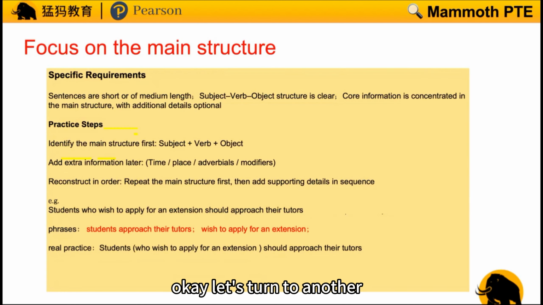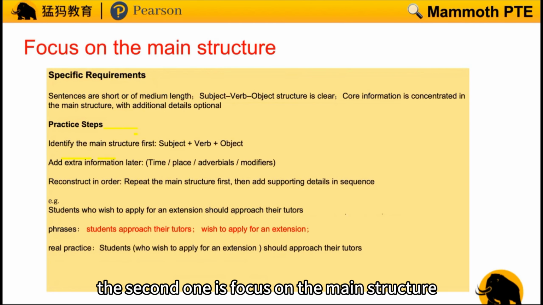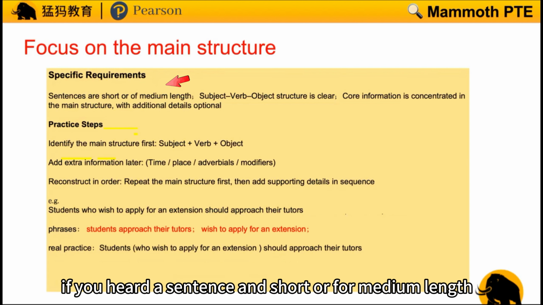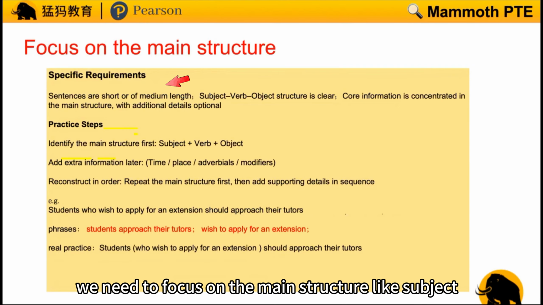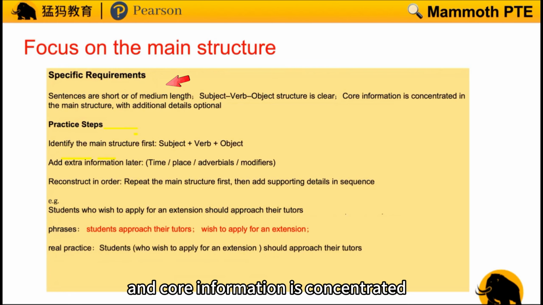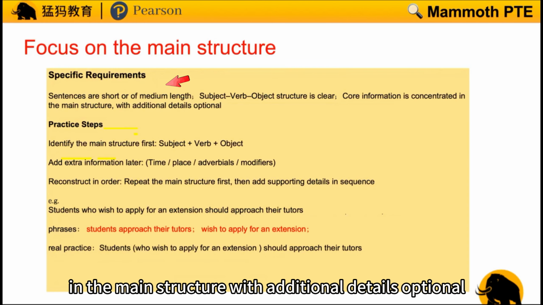Okay, let's turn to another strategy. The second one is focus on the main structure. Our specific requirement is, if you heard a sentence that is short or of medium length, we need to focus on the main structure like subject, verb, and object. It's very clear, and the core information is concentrated in the main structure, with additional details optional.